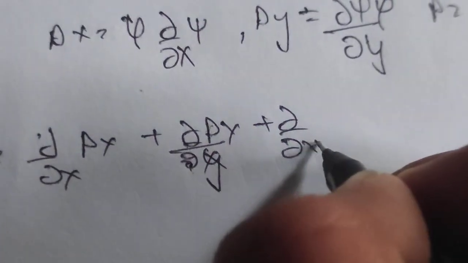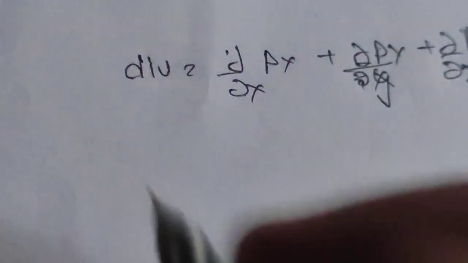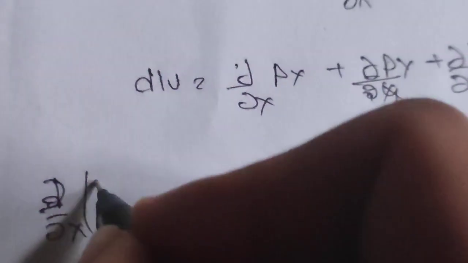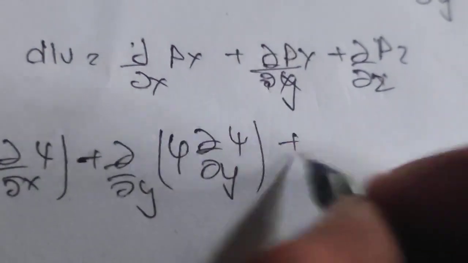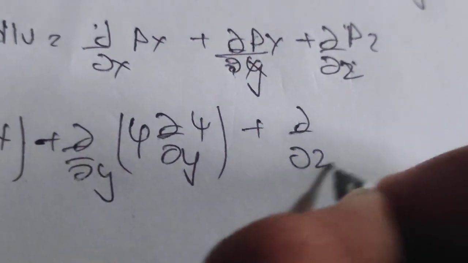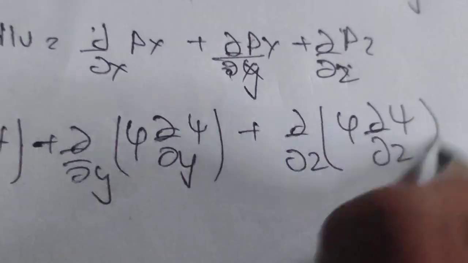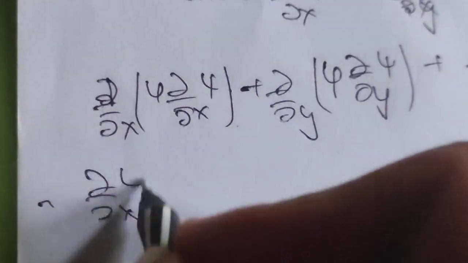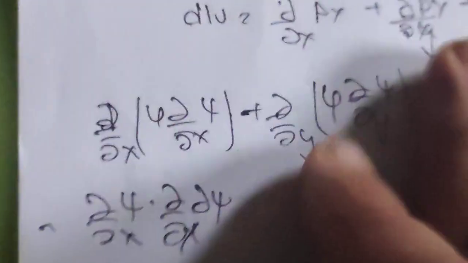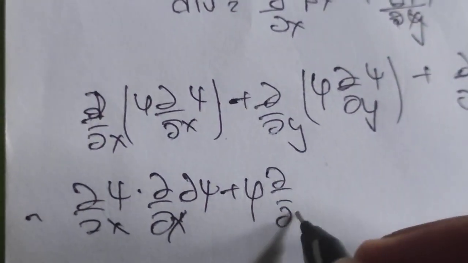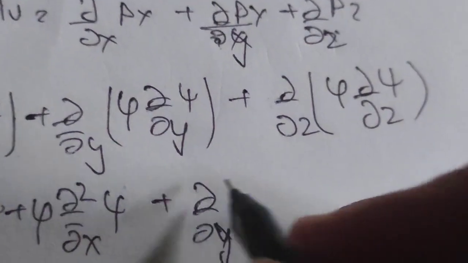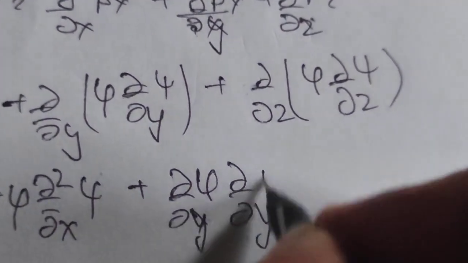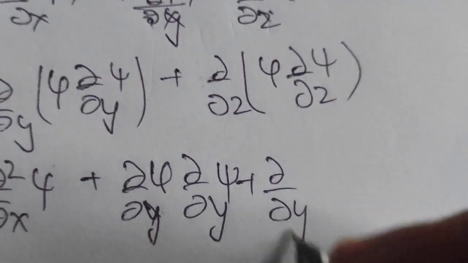If we put in the values, we get del upon del x of phi del psi upon del x, plus del upon del y of phi del psi upon del y, plus del upon del z of phi del psi upon del z. Now using the chain rule, it becomes phi del squared psi upon del x squared plus del phi upon del x times del psi upon del x, and likewise for y. The chain rule is also applicable here; we cover it in the vector calculus video.